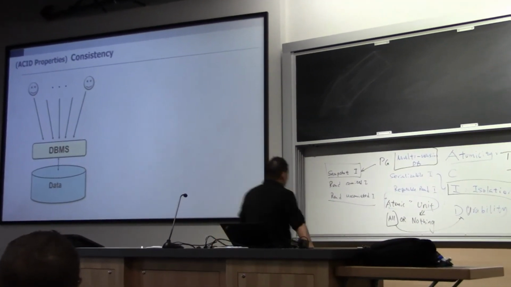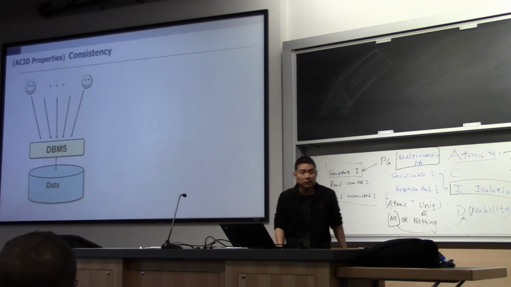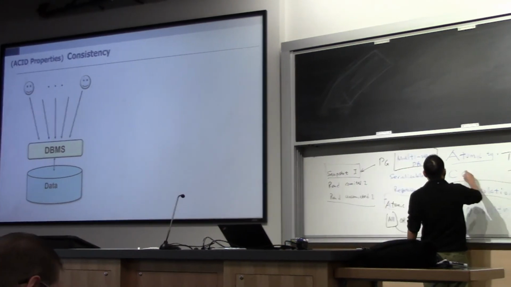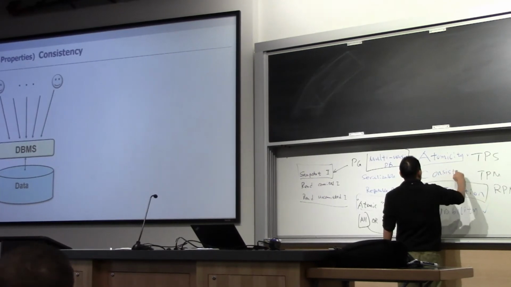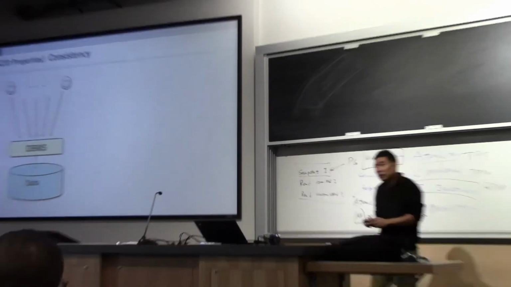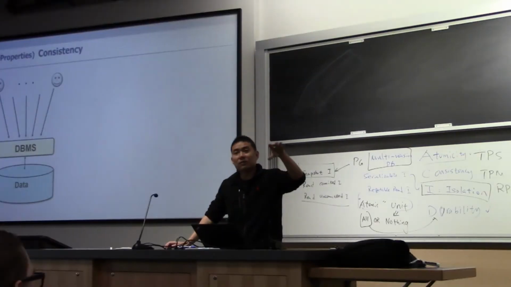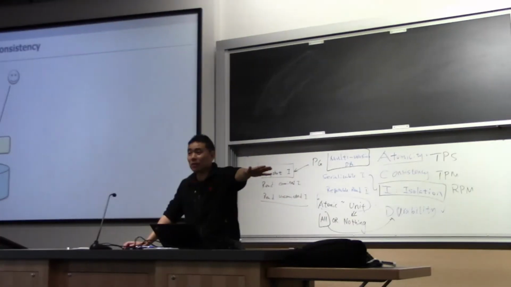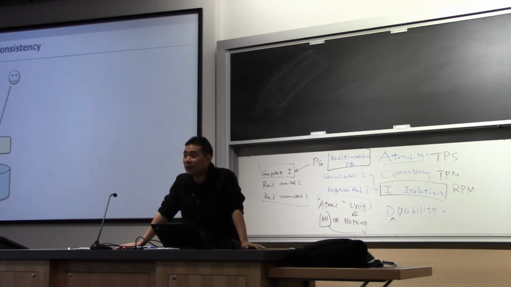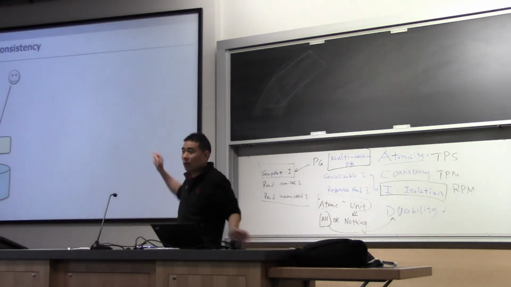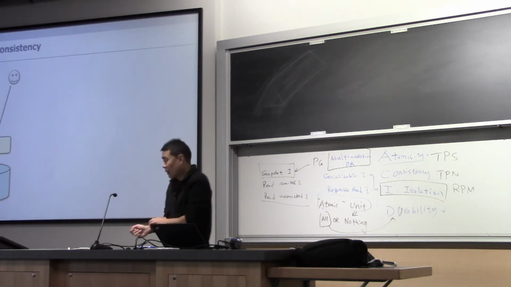The last property we haven't talked about is consistency. C stands for consistency. To understand the definition of this, you have to understand what a functional dependency is, which we have covered. If you understand what a functional dependency is, you should have no trouble understanding consistency.